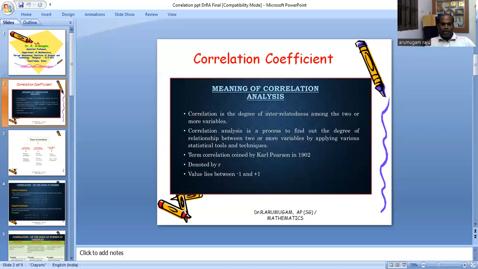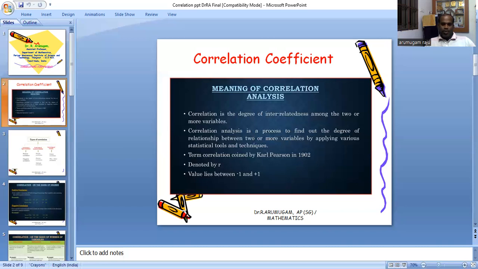Suppose one variable is increasing and the other variable is decreasing, then the given correlation is said to be negative correlation.